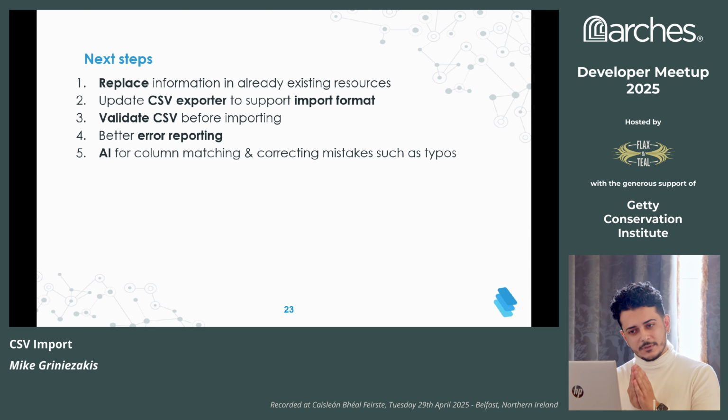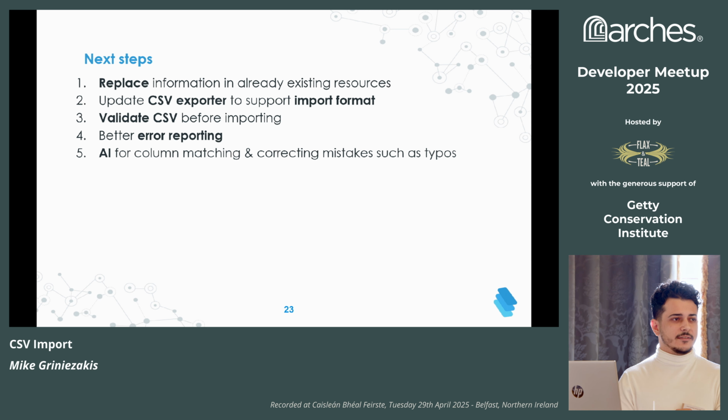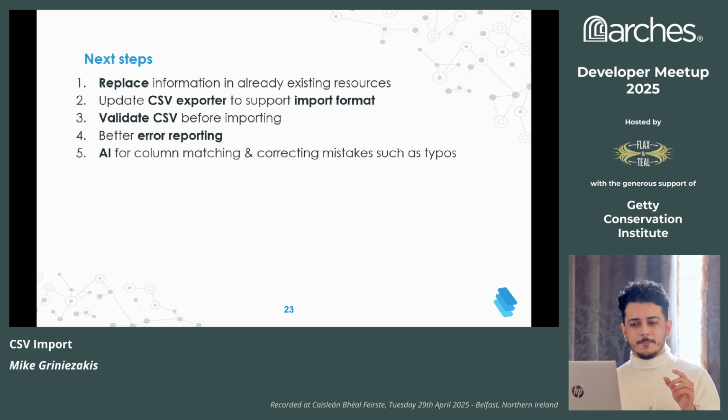This is tied to the second option about updating the default CSV exporter to support our input format, because currently the default CSV exporter in ArcGIS does not fully match our input format. So the user should be able to export the resource as it is, change something, and then replace it in the system.